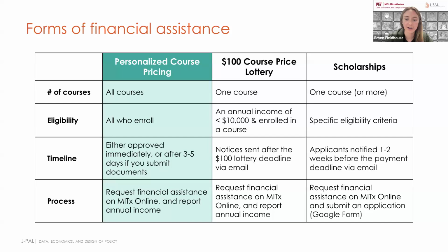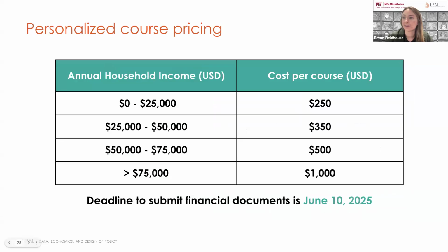Then our team will review your documents and you'll receive an email either requesting more information or informing you of your course discount. And this price is assigned to your account and can be used to upgrade in all of the courses. So these are the tiered pricing structures, as I mentioned, and the relevant income ranges.